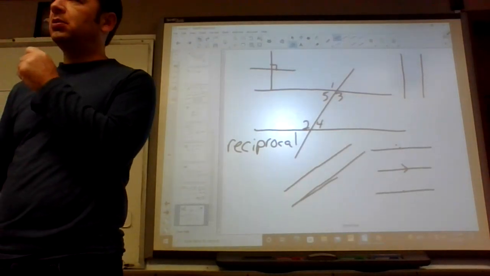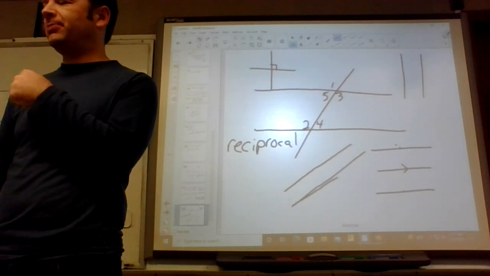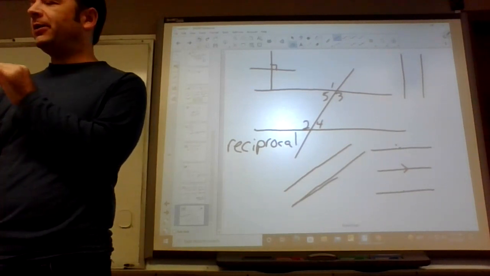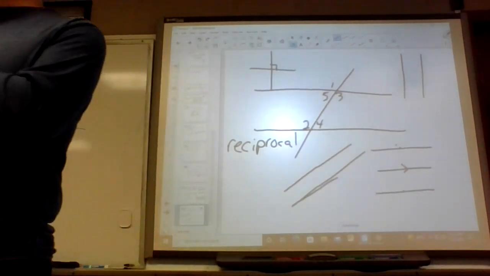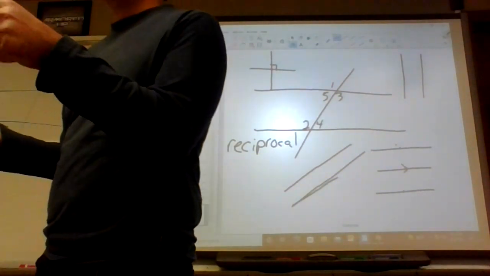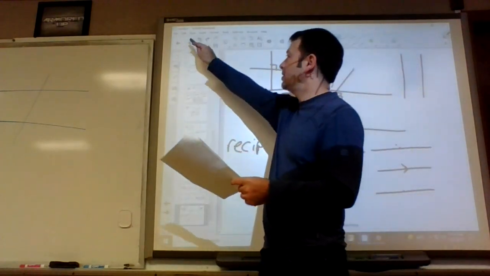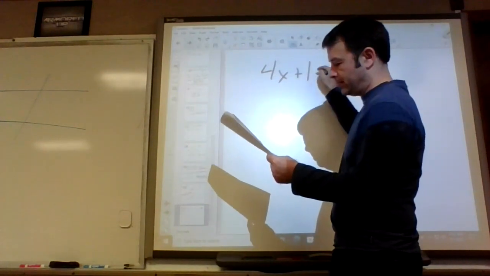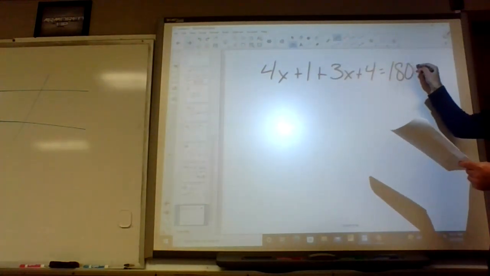Angle 4 is a little acute angle and angle 6 is a big obtuse angle, so they are not the same. They are supplementary, which means they add up to 180. 4x plus 1 plus 3x plus 4 equals 180.